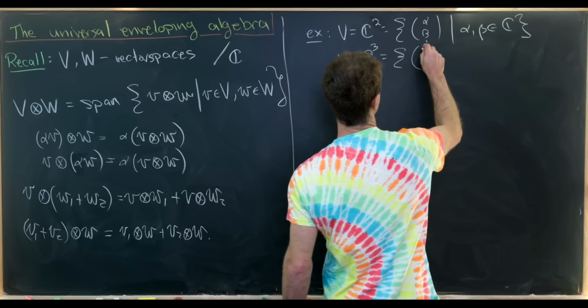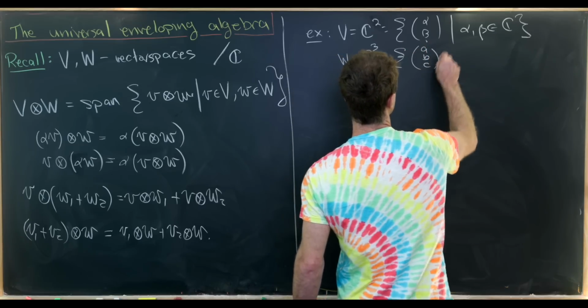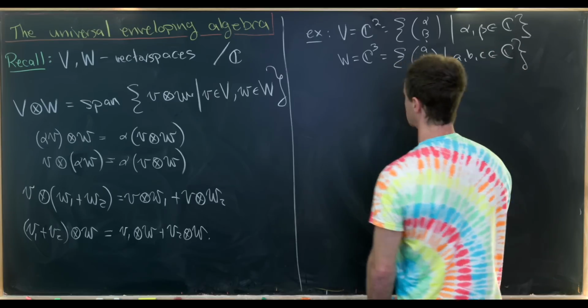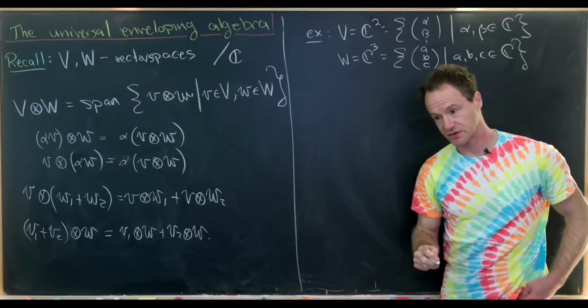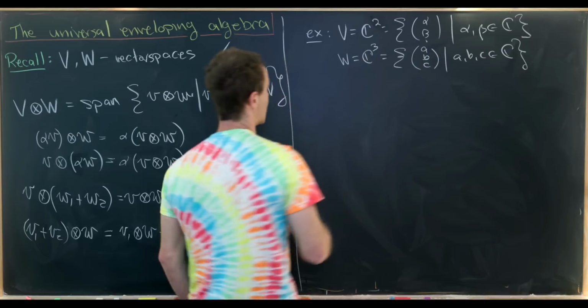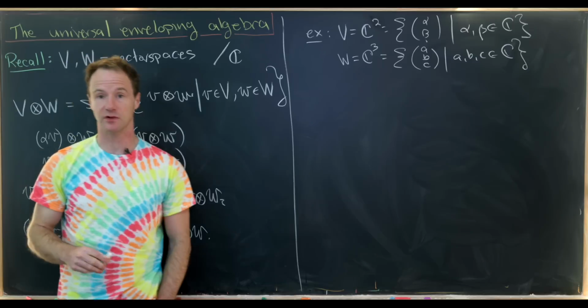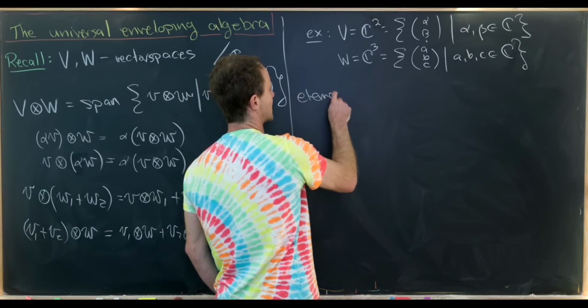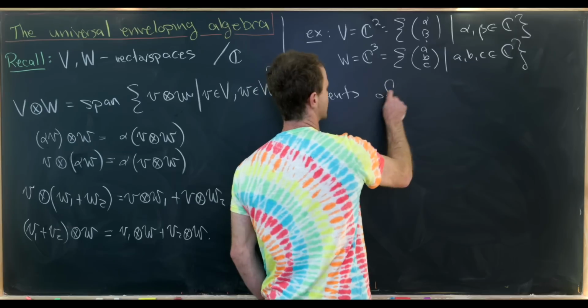So that's going to be everything of the form a, b, c, where a, b, and c are complex numbers. So that's going to be three vectors. So what does an arbitrary element of the tensor product look like in this case? Well, let's just write down a couple so that we have a feel for what's going on.